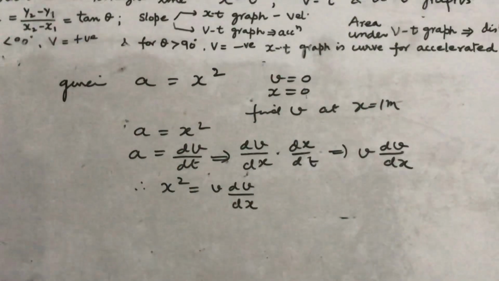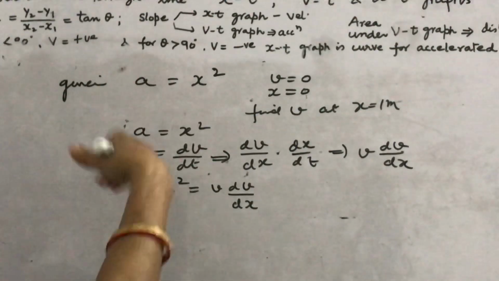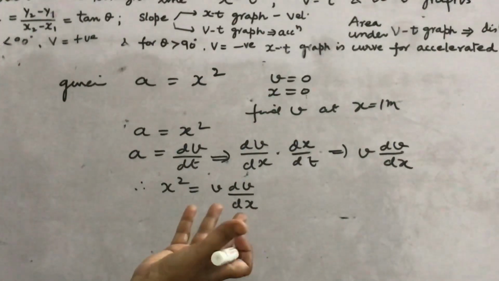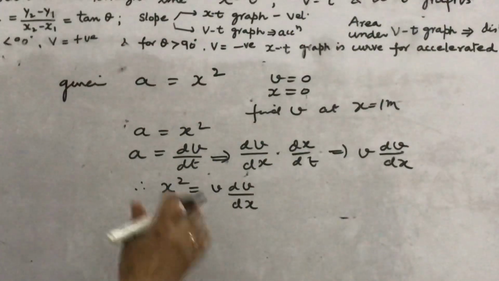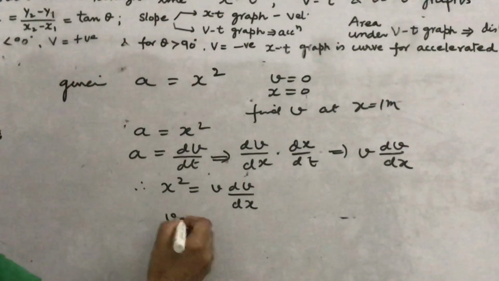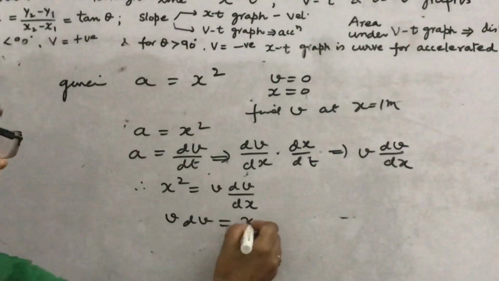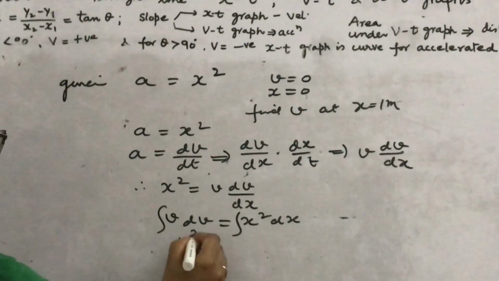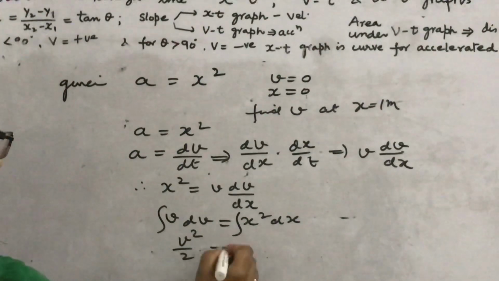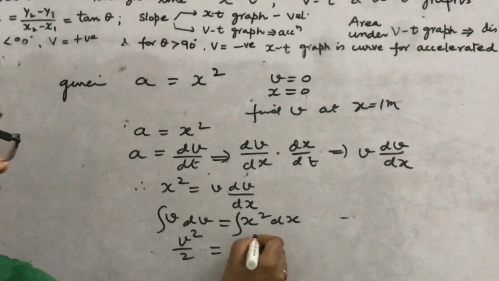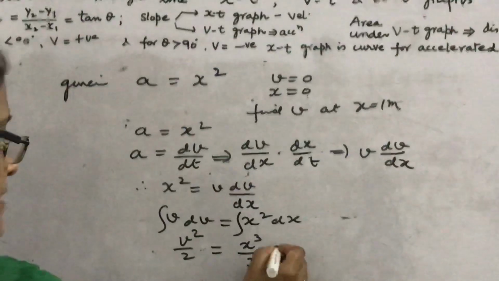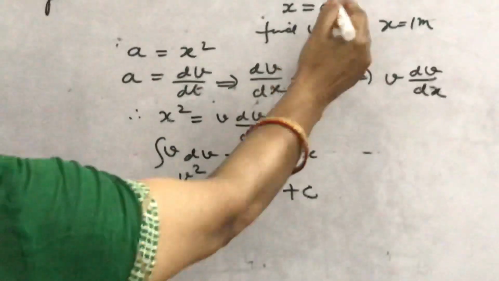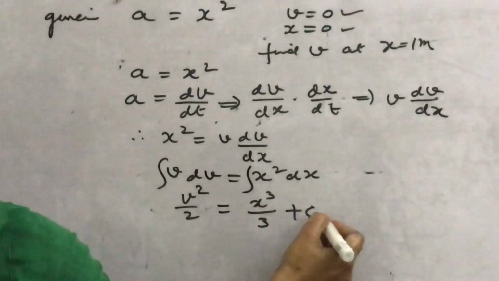Now the physics is converted into maths, that is mathematically you have to find the answer, and that's why mathematical tools are discussed. Here you will find that v dv will be equal to x square dx. Integrating both sides, what will you get? v square by 2 equal to x cube by 3 plus constant of integration. What is given here? That v is 0, then x equal to 0.